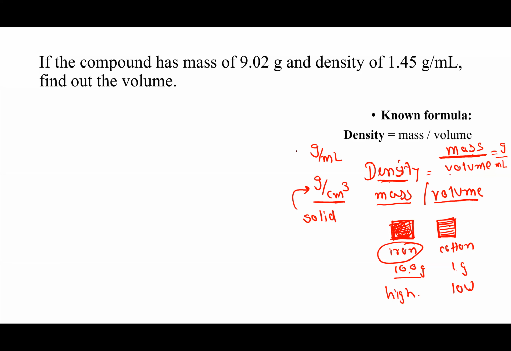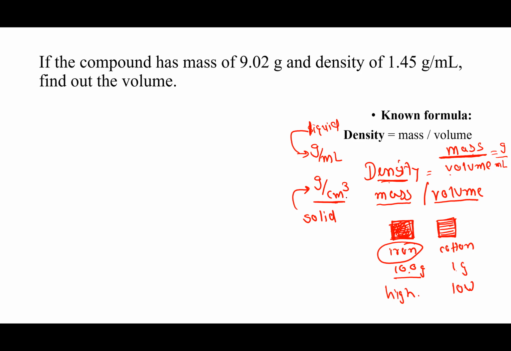If you are finding the density of any liquid, we generally use gram per ml. Again, you don't have to remember this. All you have to remember is that the unit of density could be gram per ml, or it also can be gram per centimeter cube.